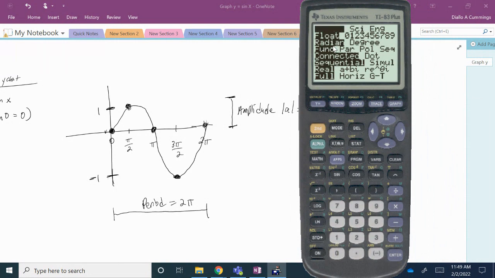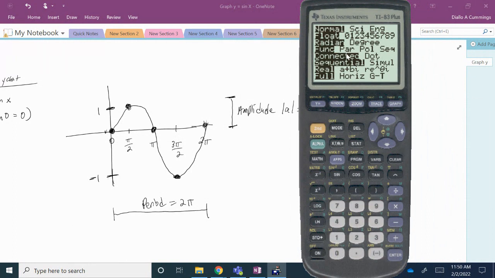The reason we want it in radian mode is because, taking a look at our handheld sketch, notice that our x-axis does not go in the interval of 1, 2, 3, 4, 5. It's measured in radian measure. So you want to make sure that your calculator is in radian mode unless it states otherwise in your problem.